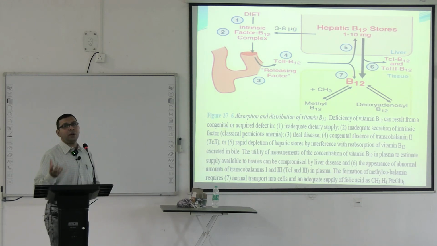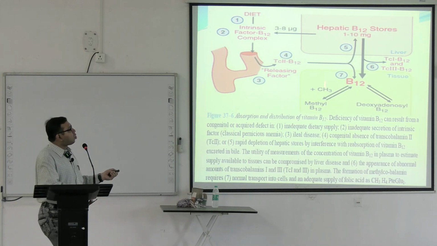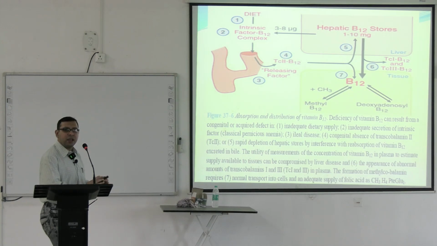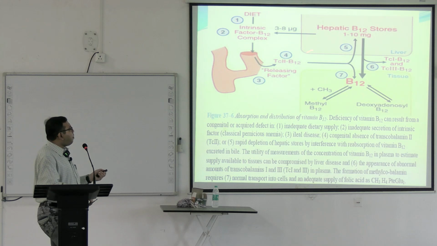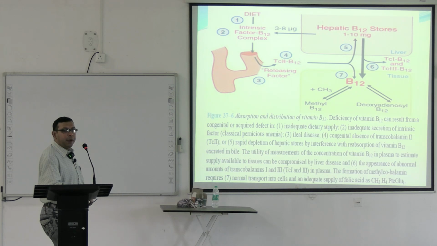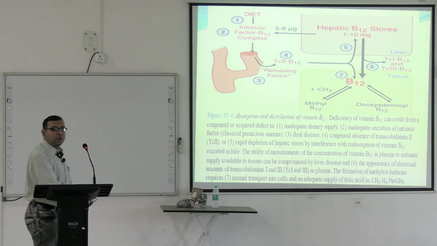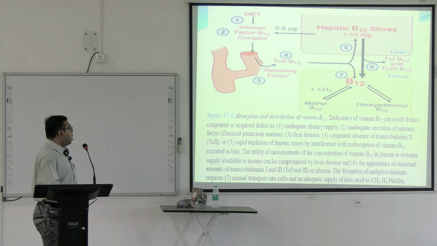In the liver, iron is also stored, vitamin B12 is also stored, and some part goes to different tissues where enzymatic reactions and synthesis are needed. Rapid depletion of the hepatic stores by interference with reabsorption of vitamin B12 excreted in bile may happen if there is some liver disease or hepatic problem.